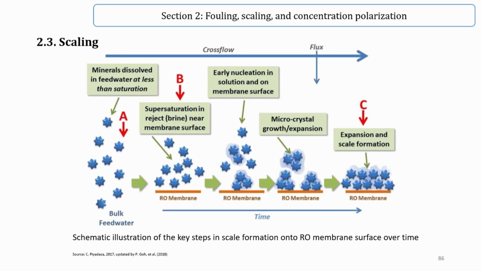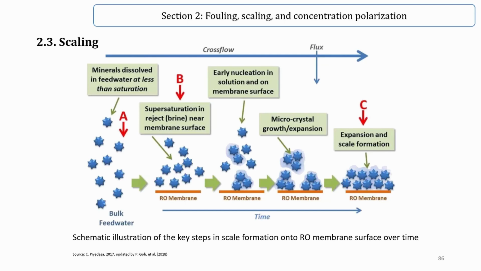The principal stages of scaling in reverse osmosis membrane systems are illustrated in this figure. One of the most predominant factors that governs the scale formation is the availability of nucleation sites.